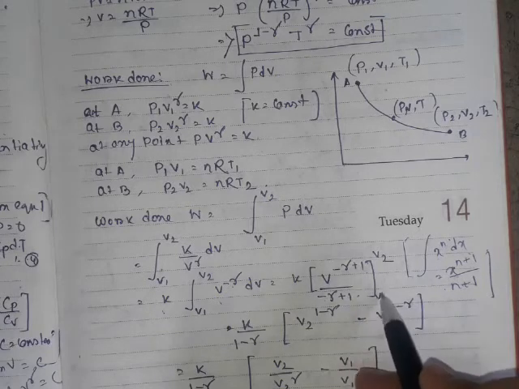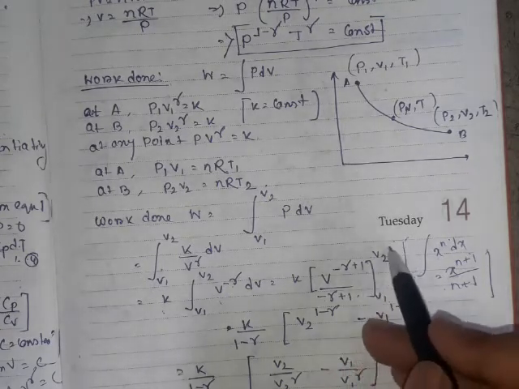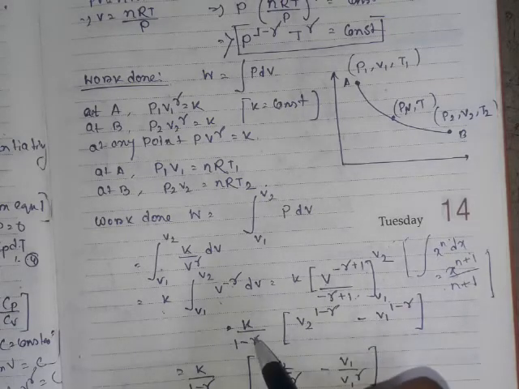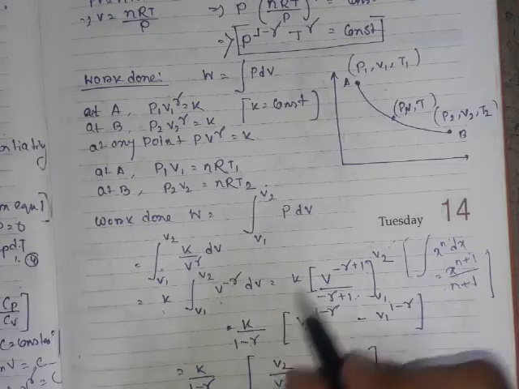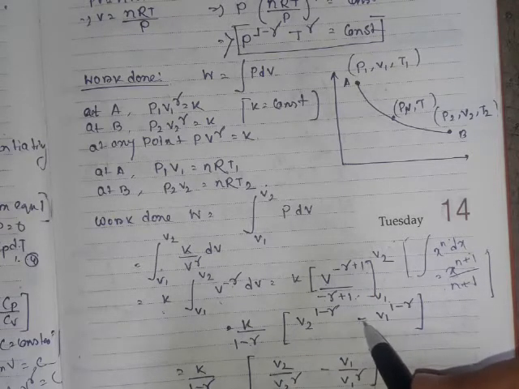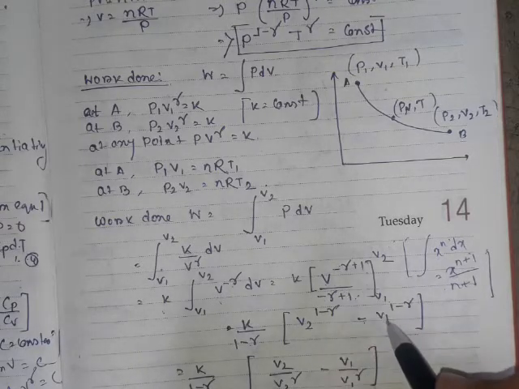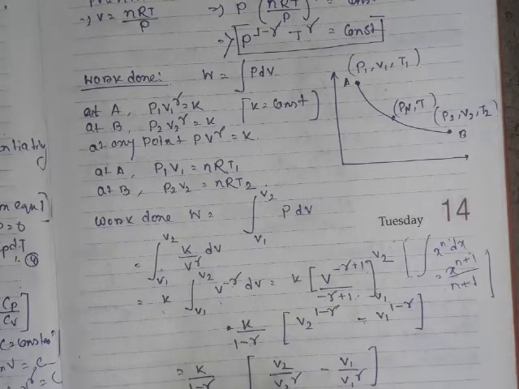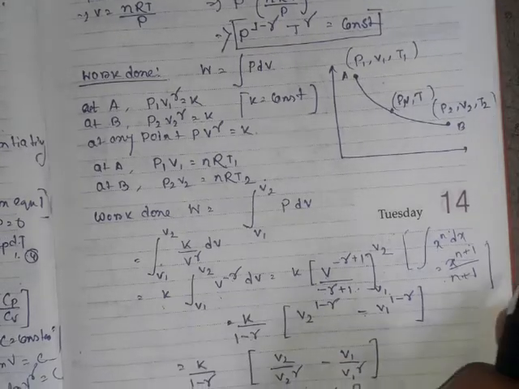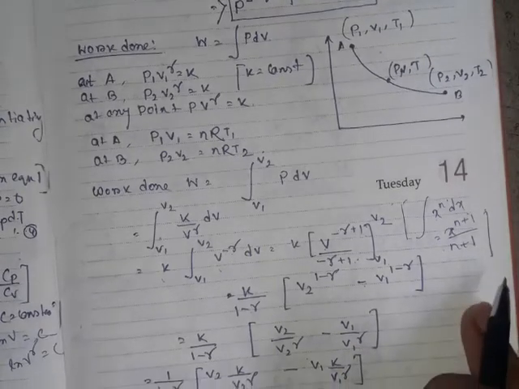Again, starting from V1 to V2, just put the upper limit here. This is again a constant term, just take it out. So K by 1 minus gamma, put the upper limit V2 to the power 1 minus gamma, put a minus sign between them, and put the lower limit V1 to the power 1 minus gamma. Now V2 to the power 1 minus gamma is V2 by V2 to the power gamma, and V1 to the power 1 minus gamma is V1 by V1 to the power gamma.